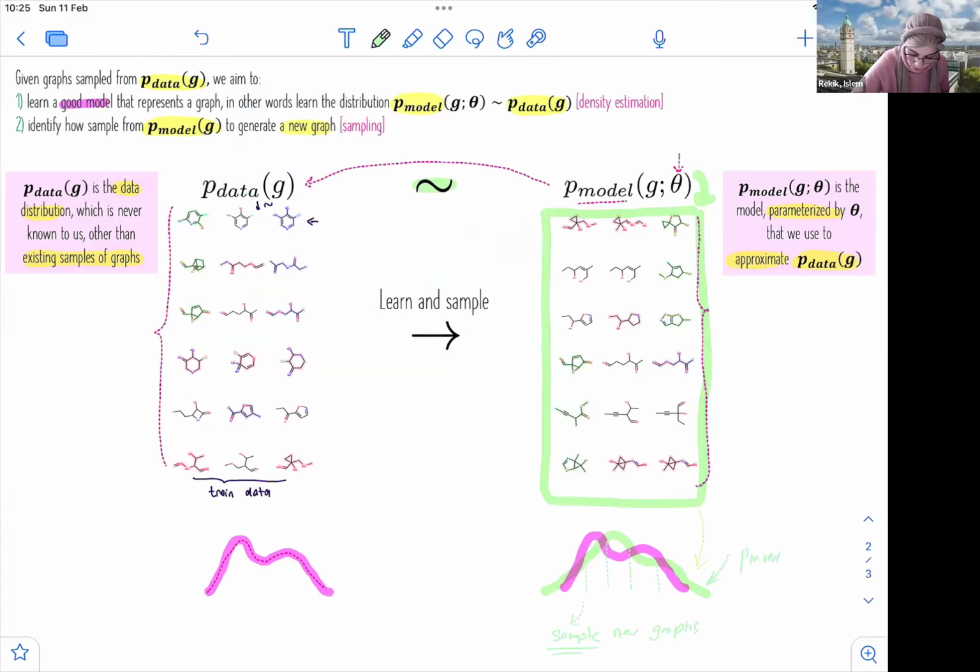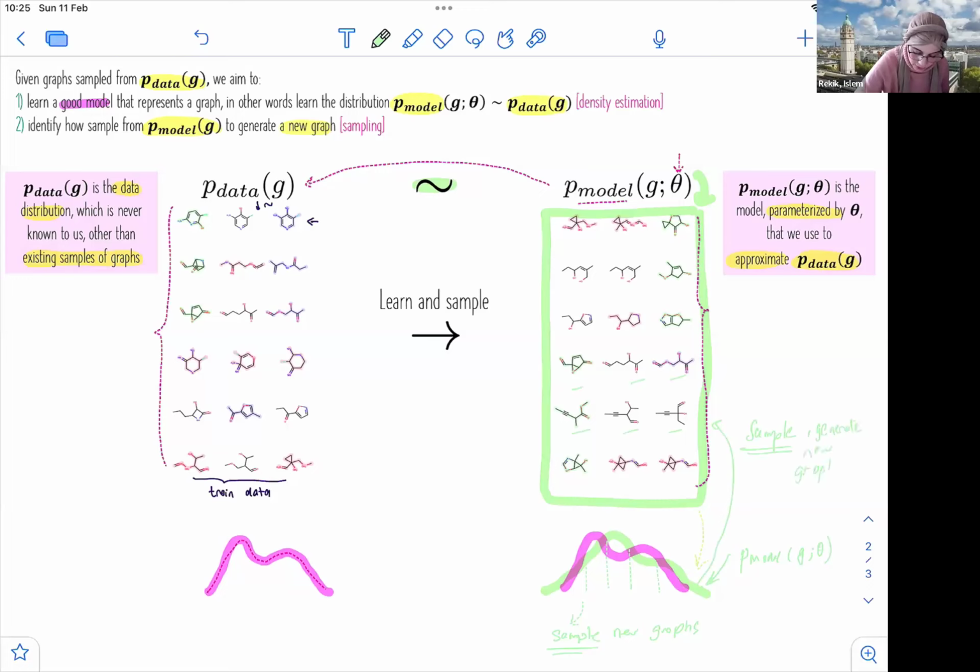We learned the P model G given theta, right? And then once we learn it, we can sample. And as we sample, we can create this set. Okay, so we can generate all these graphs through the sampling. So sample or generate new graphs.